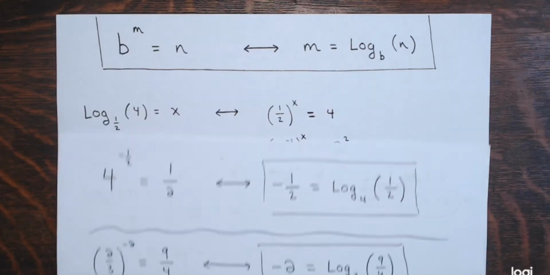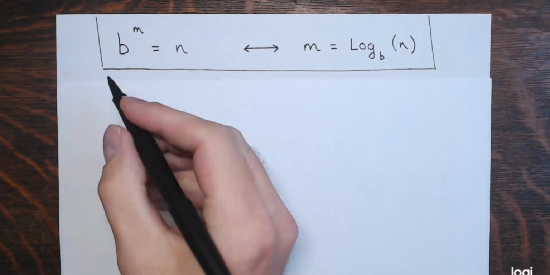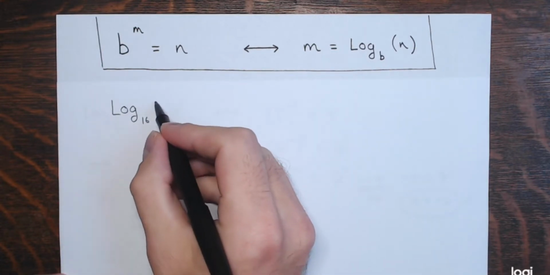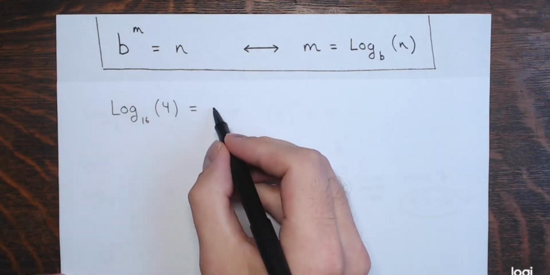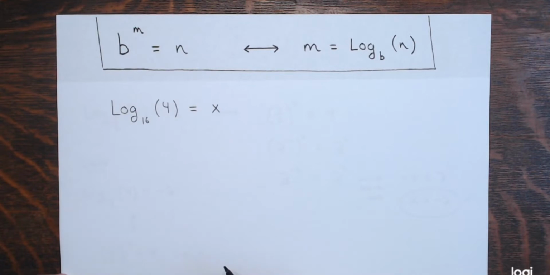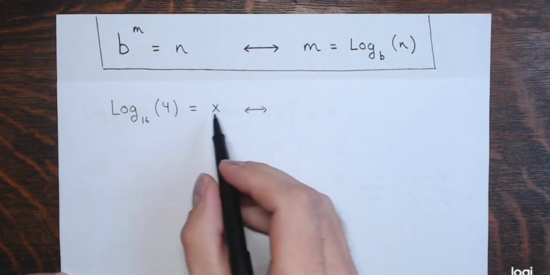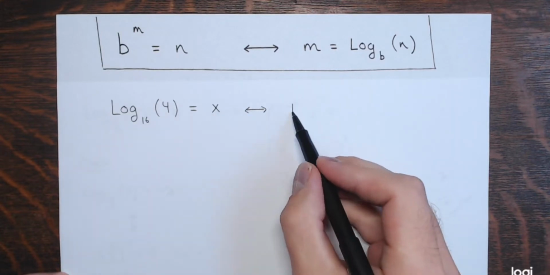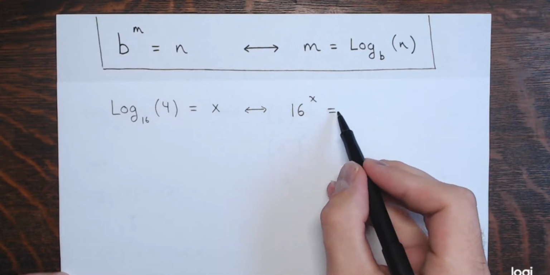All right, so again, we're given this statement. We have the log base 16 of 4 equals what? Now if I convert this to the equivalent exponential statement, this is 16 to the x power, 16 to what power equals 4.